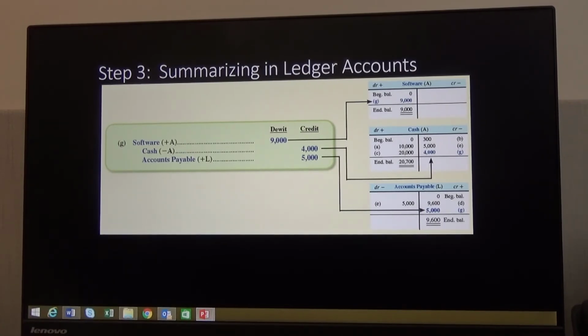And then our accounts payable, we take that credit of $5,000 and we add it on the credit side or the right side of the accounts payable account, and we net those values that are there together. So we started with 0, then we added 9,600 and subtracted 5,000, and then added back another 5,000. So we ended up with 9,600.